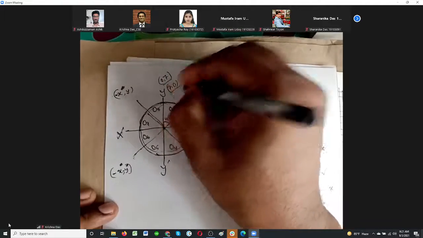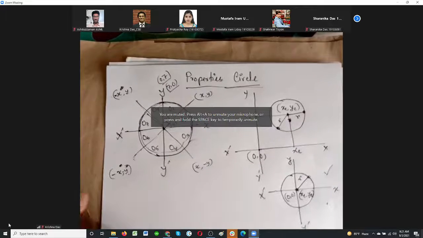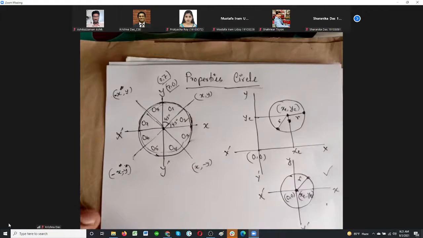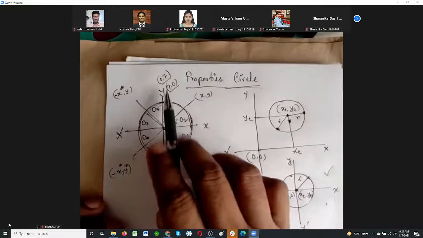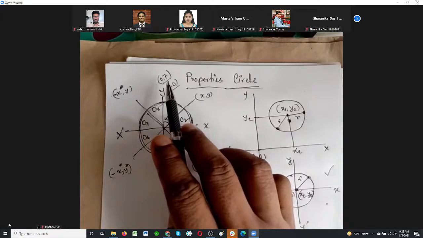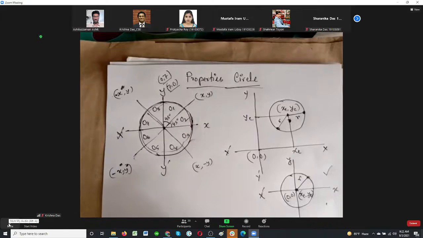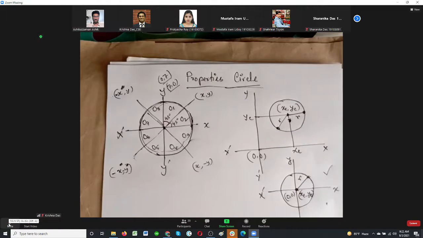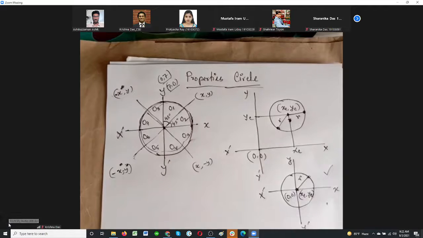Is there any relationship between these two? Same radius, definitely. For any circle, the radius is always the same. But can you find any significance between these two points, because they have x and y values? The first one has x as 0 and y as 7, and here x is 7 and y is 0. What happened? The values have been reversed. They have replaced each other's place, right? Yes, sir.